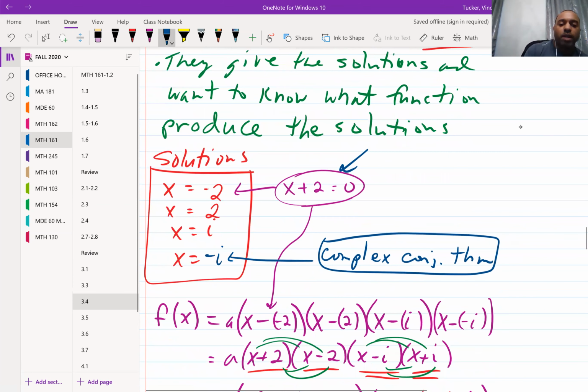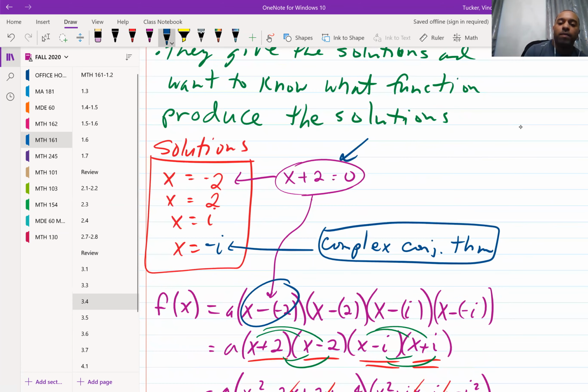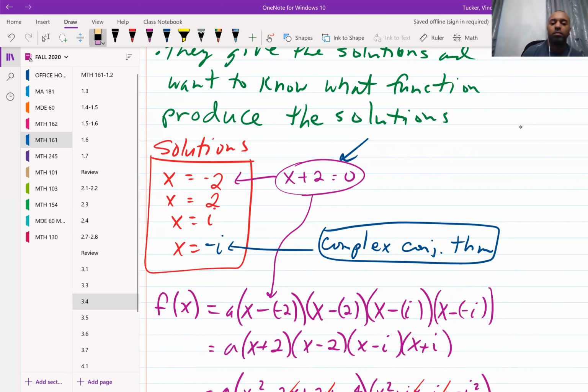So we're going to do the opposite of each one of our solutions. So notice what we did right here: x minus -2, x minus 2, x minus i, and x minus -i. So that's how you would go about setting that up. All right, and then that'll leave you with x plus 2, x minus 2, x minus i, and x plus i.